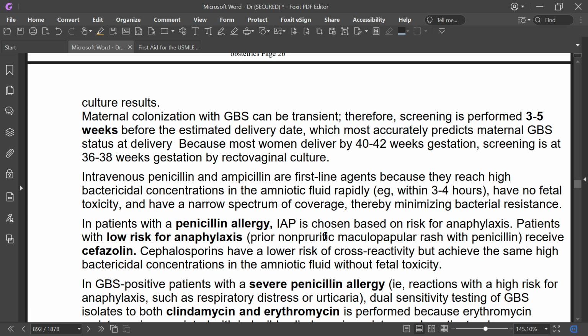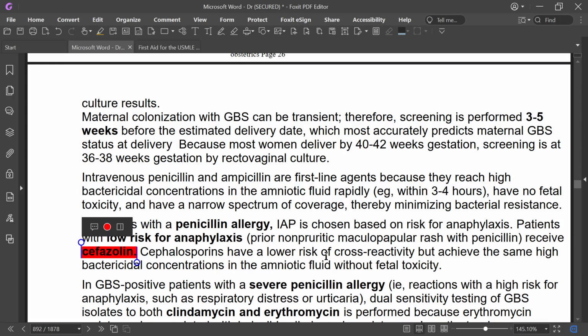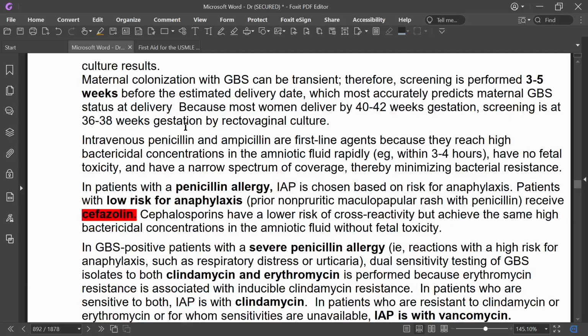Patients with low risk for anaphylaxis receive cefazolin. Cephalosporins have a lower risk of cross reactivity and achieve the same high bacterial concentration in the amniotic fluid without fetal toxicity.